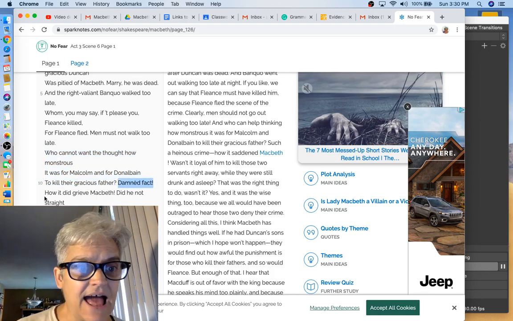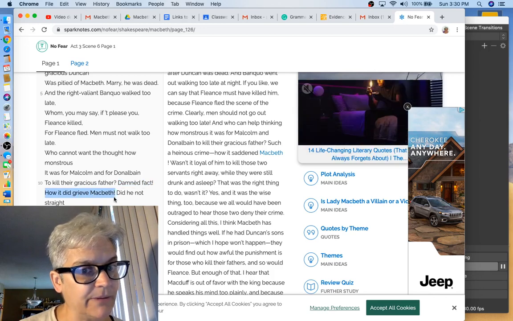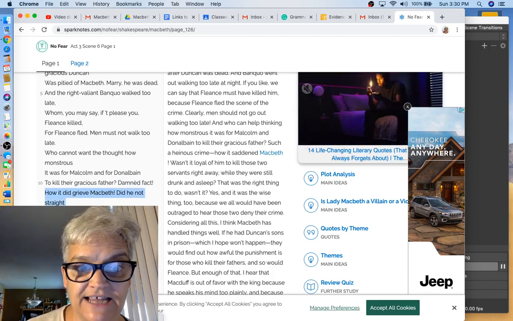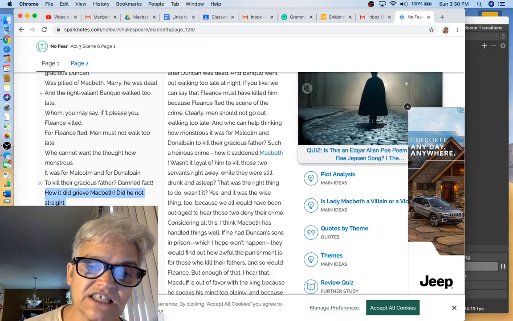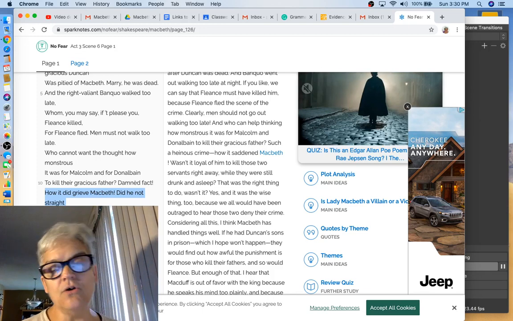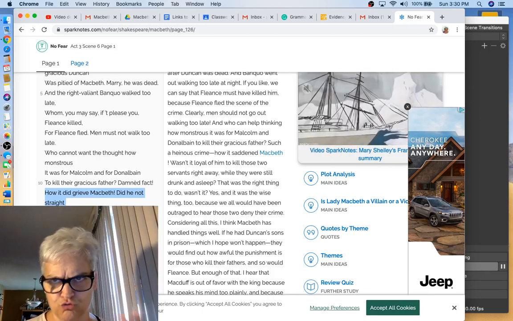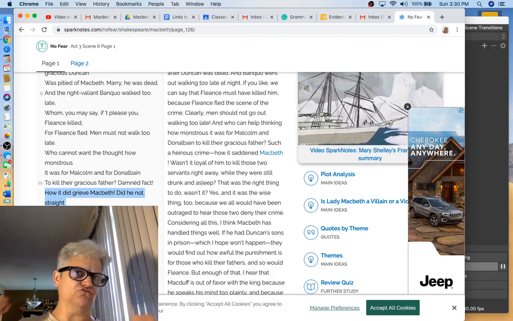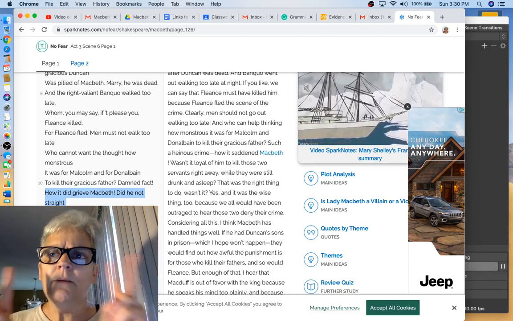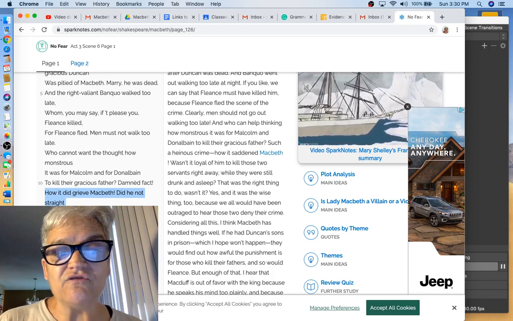"Damned fact, how it did grieve Macbeth. Did he not straight in pious rage the two delinquents tear, that were the slaves of drink and thralls of sleep?" Oh, Macbeth, and he was so grieved by Duncan's death that he just raced into the room and killed those two horrible men. And they were the slaves of drink.